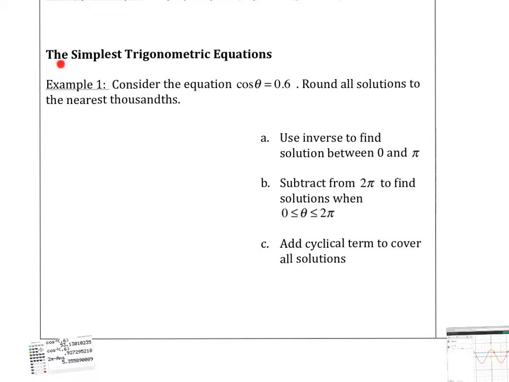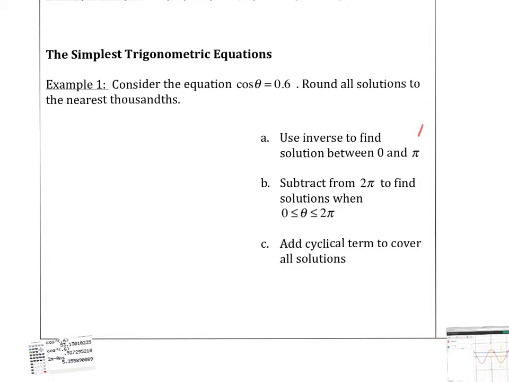So let's take a gander here. We're going to solve the simplest trigonometric equations. So notice how simple it is. It's simply just an inverse. I need to undo that cosine. So let's walk through the steps that we're going to effectively do. Number 1, we're going to use our calculator to find the inverse, because the calculator inverse function has its domain set, right? So I can find the domain between 0 and pi.